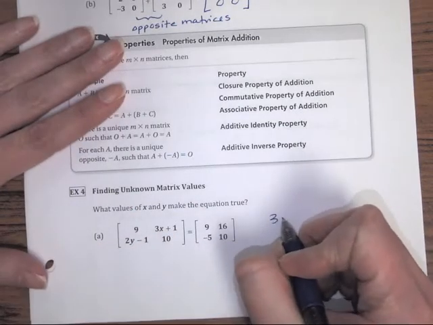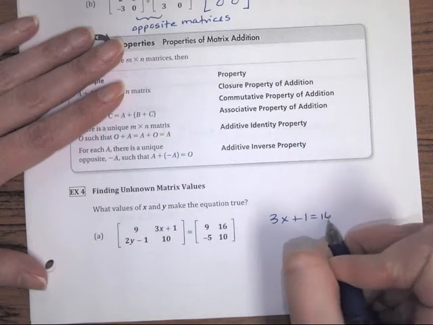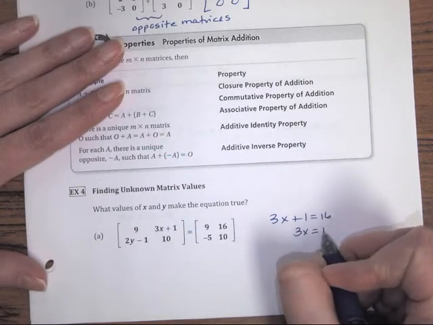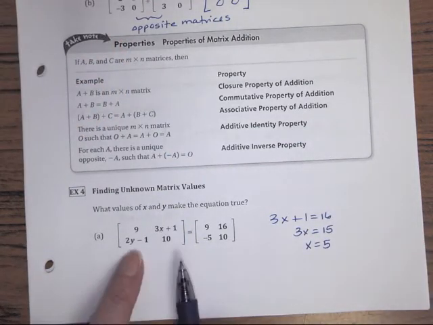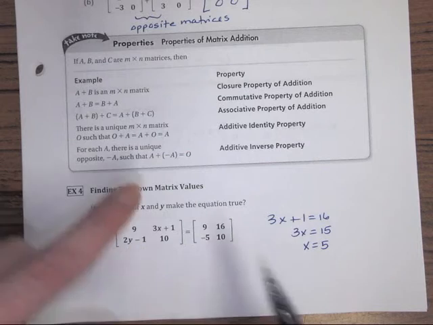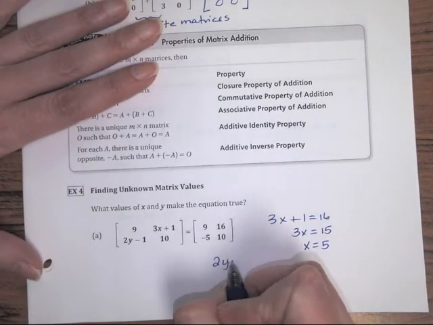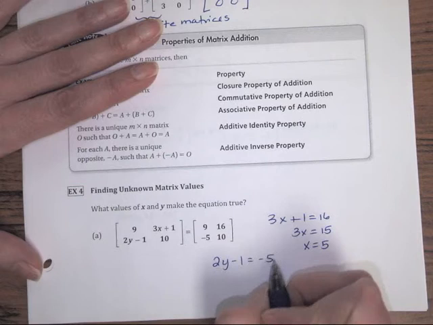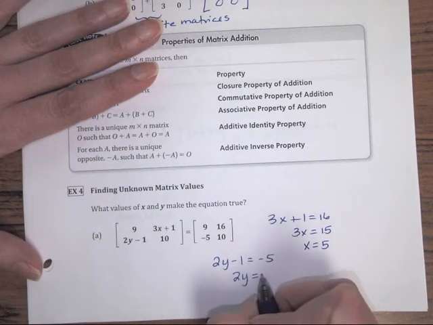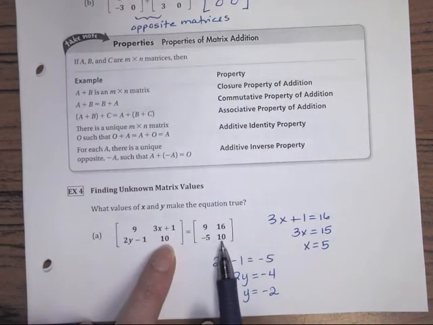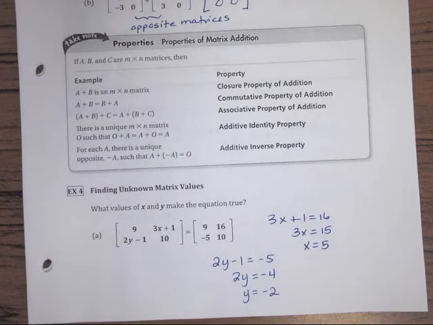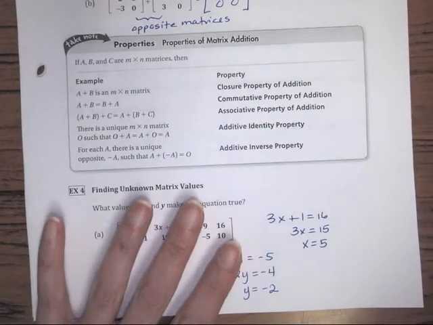So 3x plus 1 must be equal to 16, which means 3x is 15 and x is 5. Cool? 2y minus 1 must be equal to negative 5. Add 1 to both sides. 2y equals negative 4. Y equals negative 2. And these last two are already the same exact thing. So that's another thing that you can do with your matrices, all of which you will be doing in your homework for this evening.